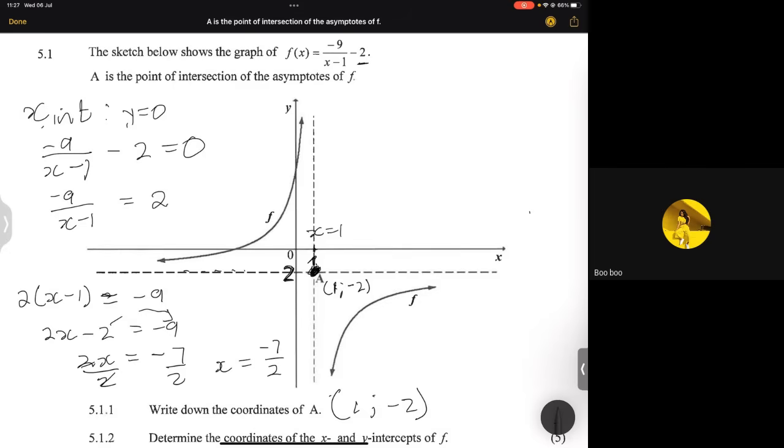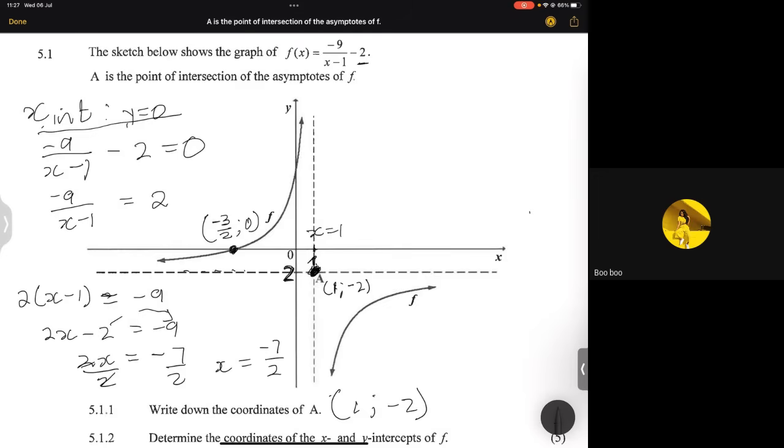And then we cross multiplied in that case. All right, and now this is for the x-intercept. It means for our x-intercept, we know we are going to have x-intercept at negative 7 over 2, which is this point here, right? So that's going to be minus 7 over 2 and 0.